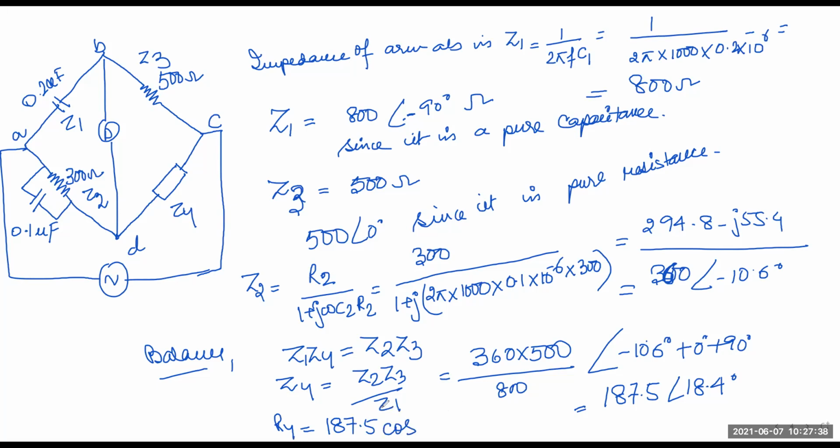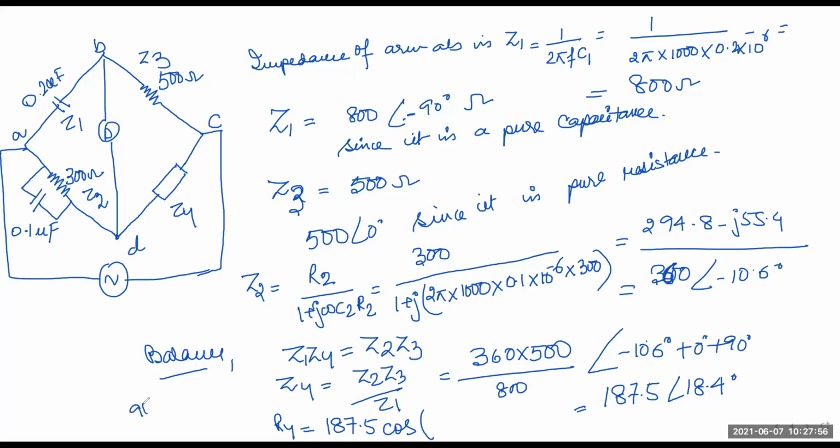So what is the angle? Have you done the calculation? What is the angle came? In case this is 18.4. So what you can do, you can subtract this 18.4 from 90. What are you getting here? Tell me the value.